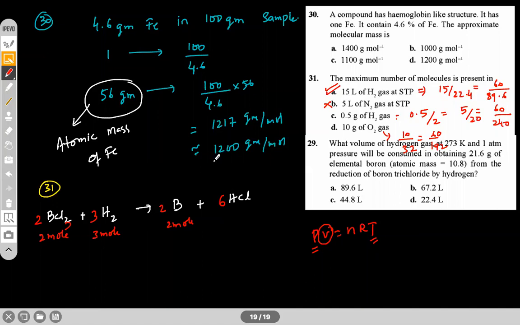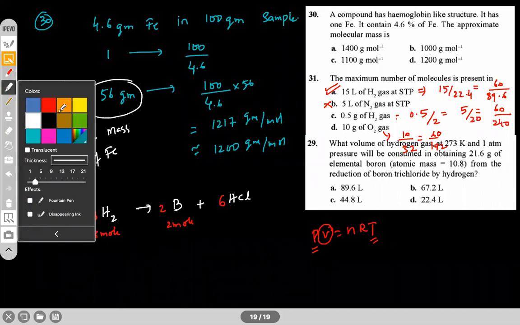What we need to find out? The volume of H2 gas at this pressure that will be consumed in obtaining this gram of elemental boron. So 21.6 gram of boron is equal to what mole?